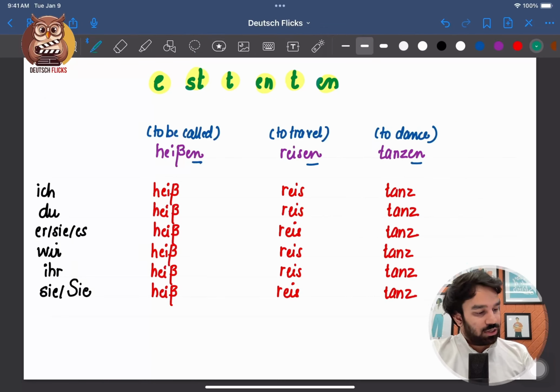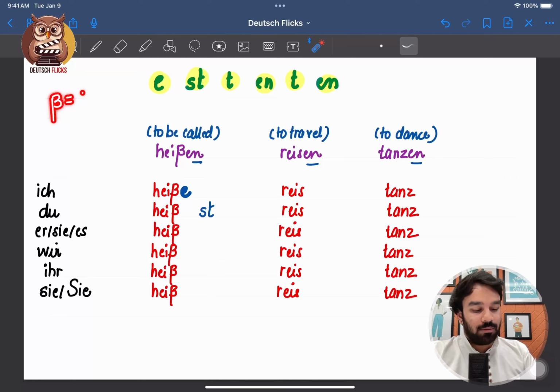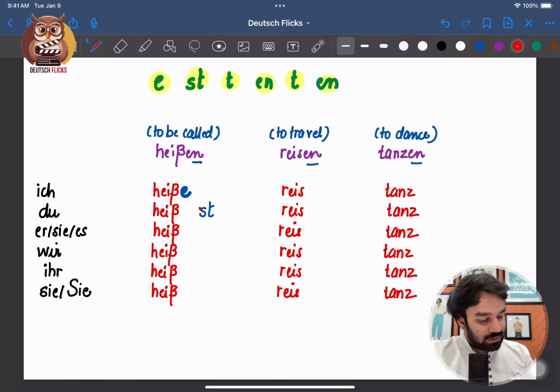So with ich, I'll say ich heiße. No problem at all. With du, we have to add st. But guys, remember the alphabet episode? This ß, this beta sort of thing, is double s, right? Now, will it make any sense if we have triple s in this spelling? No, right? So what we will do is avoid this s and we will simply say du heißt.